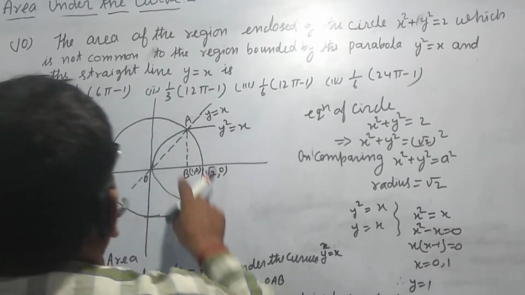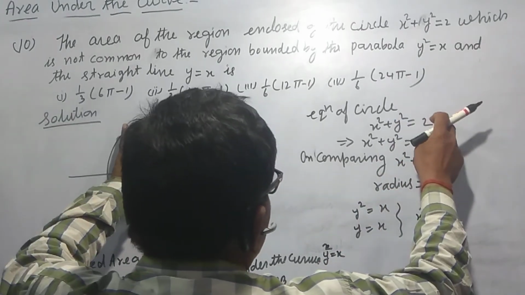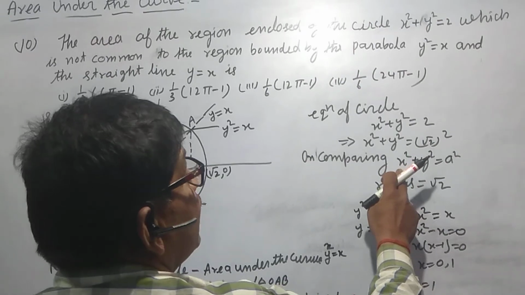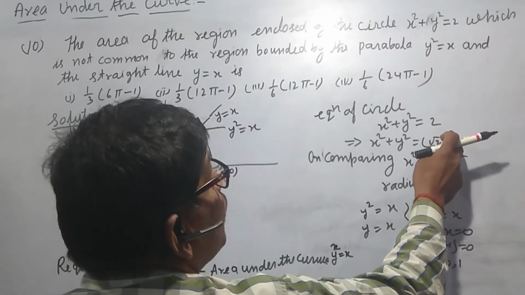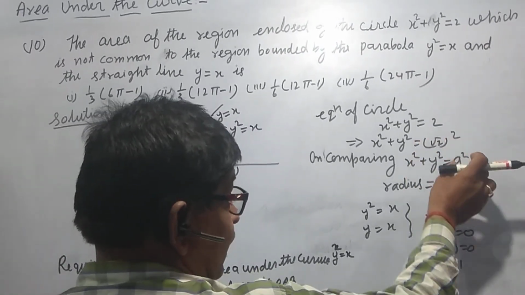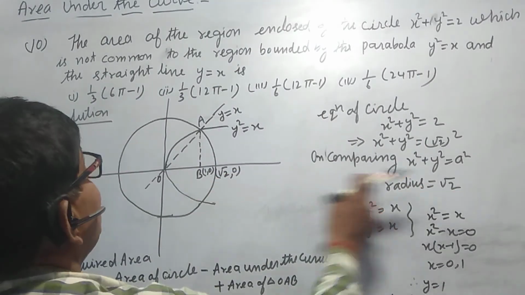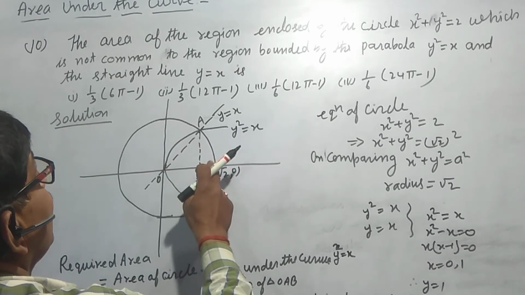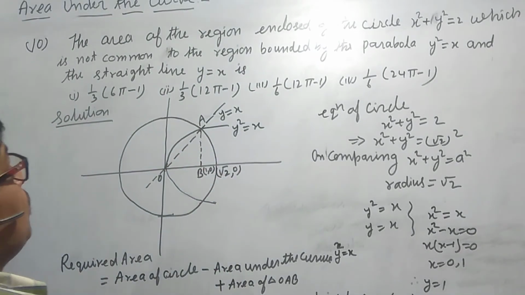This circle can be written in the standard form x square plus y square equal to root 2 to the power 2. By comparison, the radius of this circle is under root 2.